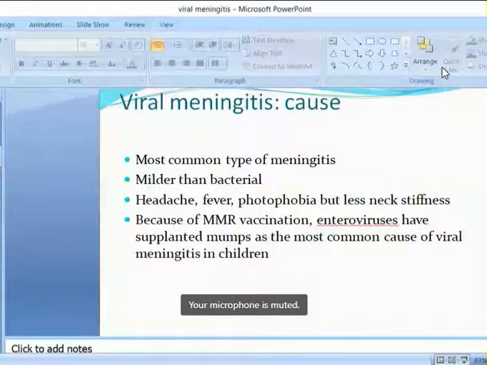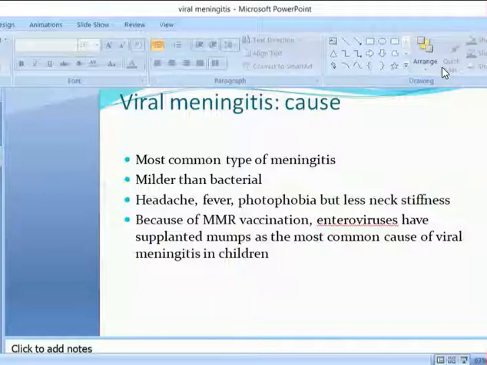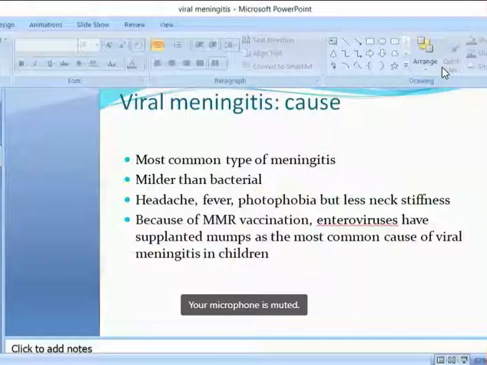I said it's not very important because viral meningitis can resolve on its own, and the signs and symptoms are also milder than those of bacterial meningitis. You'll see signs and symptoms of meningeal irritation like headache, fever, photophobia, but there will be less of the neck stiffness or rigidity.